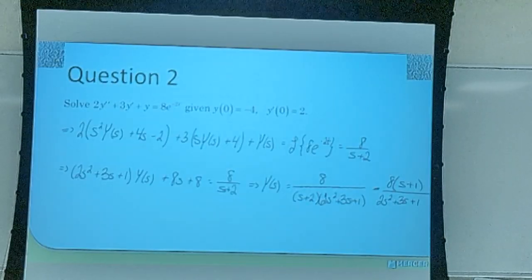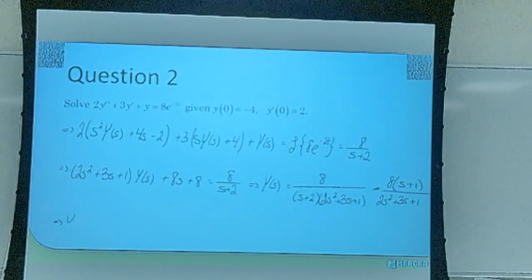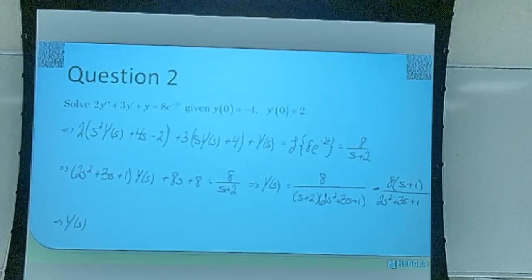Since that's where we're at right now, I think I'm going to go ahead and just do the partial fraction decomposition right now. Is that minus or plus? That's a minus.